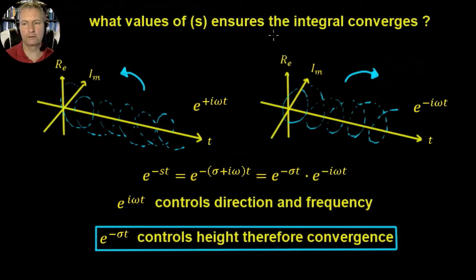It could either make the corkscrew get bigger and bigger, or it could make the corkscrew get smaller and smaller. So the thing that controls the height, and so controls the convergence, is this factor e to the minus sigma t. So in order to look at convergence, we must look at this function e to the minus sigma t. We'll look at that in the next slide.